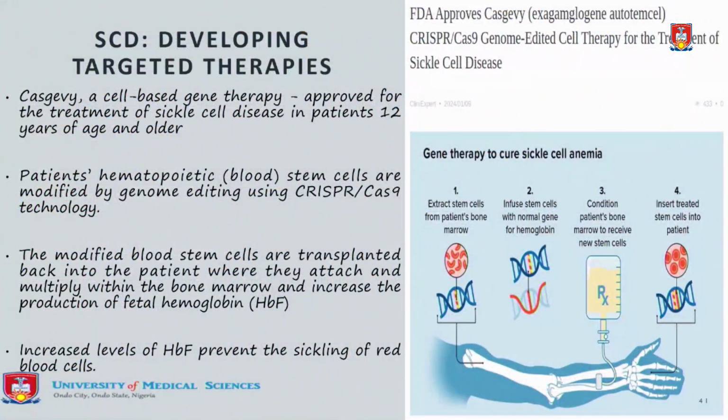So what they did with this is that there's a cell-based gene therapy, and they will take the patient's stem cells, modify it by genome editing, and then transplant it back into the patient, and then increase the production of hemoglobin F. So with that, it reduces the sickling, and then this person can live a normal life.